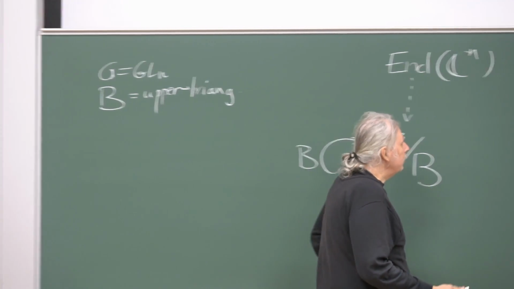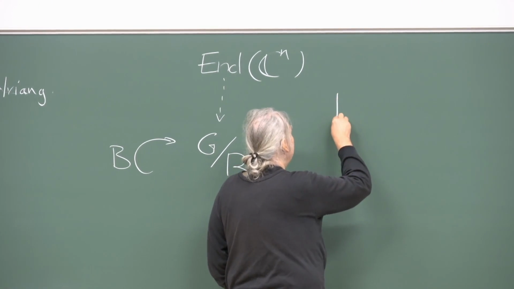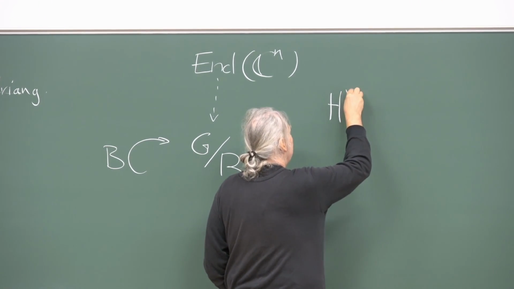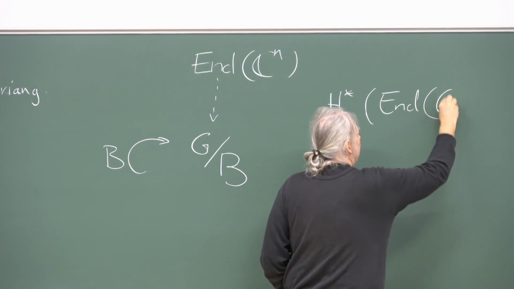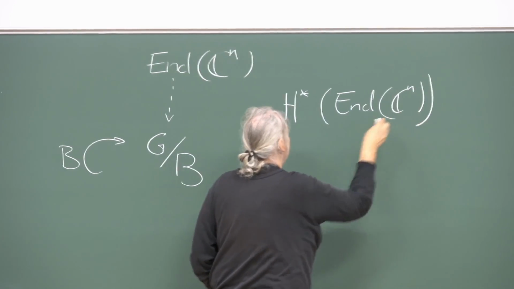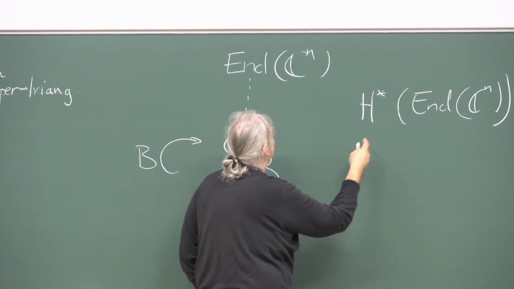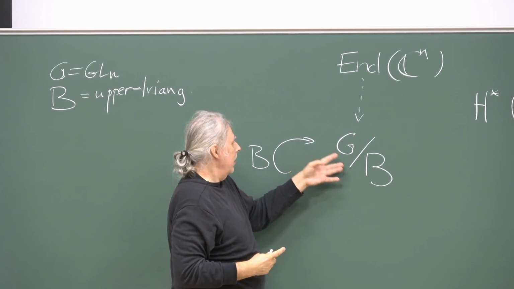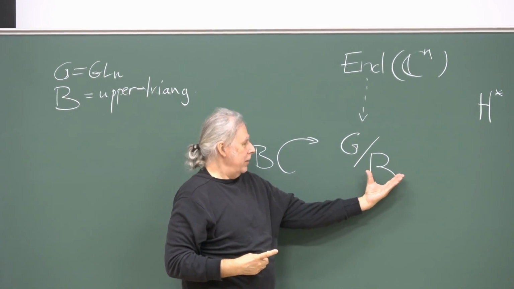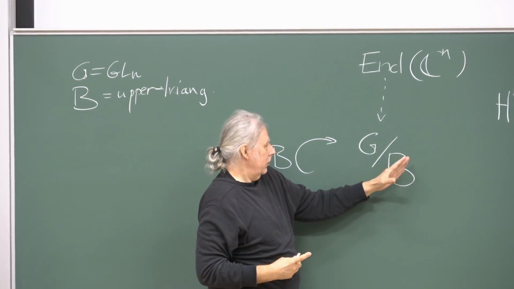So, for example, for cohomology, you have the cohomology of endomorphisms of Cn, but with respect to the Borel group acting on one side and divided by it on the other side.